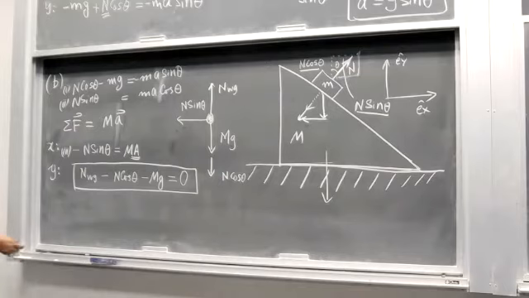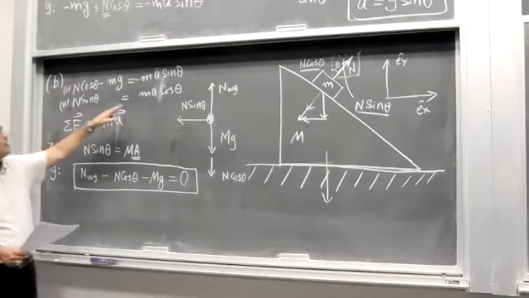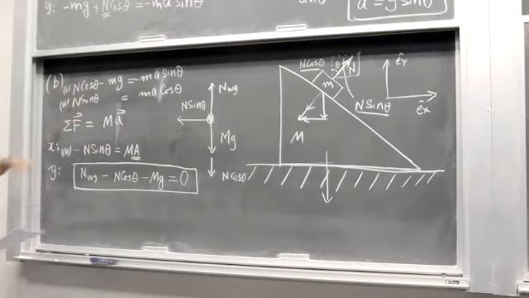Okay, and once you do that, you can solve these equations for n and the acceleration. Now in these two equations, you just have the two unknowns and the two equations. So solve the first two equations to get the normal force n and the acceleration.